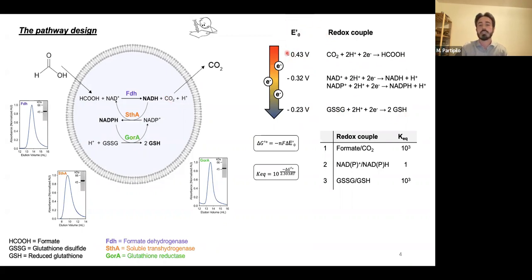These standard reduction potentials can then be transformed, rearranging these numbers in the Gibbs equation, into equilibrium constant values. And you can see how the first and the third reactions are favored in the direction of the products, so CO2 and reduced glutathione, while our second reaction goes mostly to equilibrium.